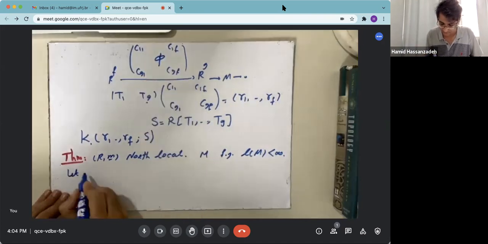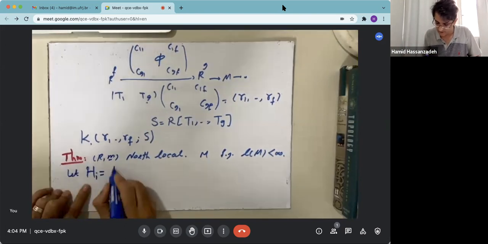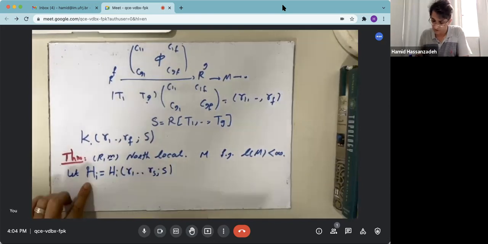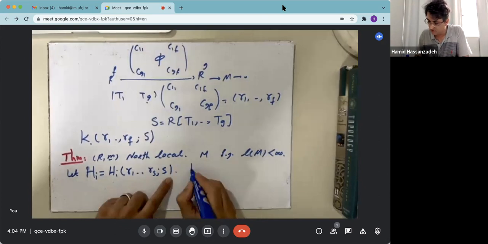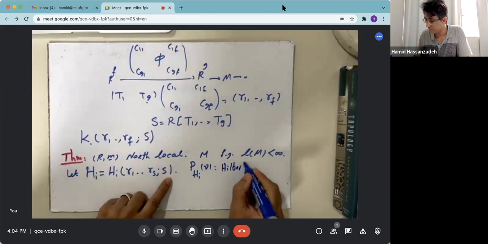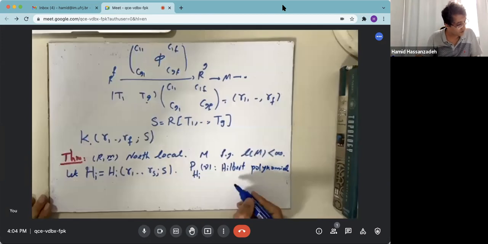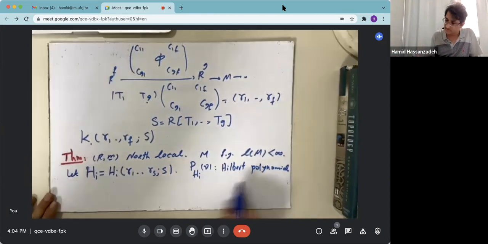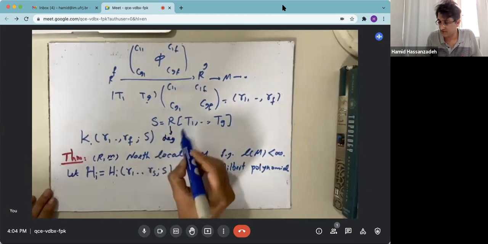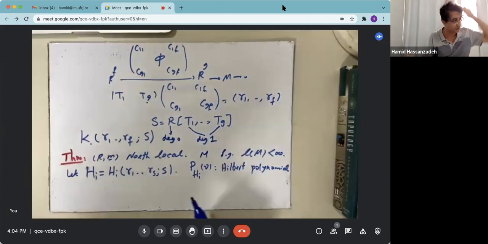Let Hi be the ith homology of the Koszul complex of gamma 1, ..., gamma F over S. And consider the Hilbert polynomial of Hi at v. This ring S is a standard graded ring with degree 0 here, and all of these variables are in degree 1. Like this, we define the Hilbert polynomial.